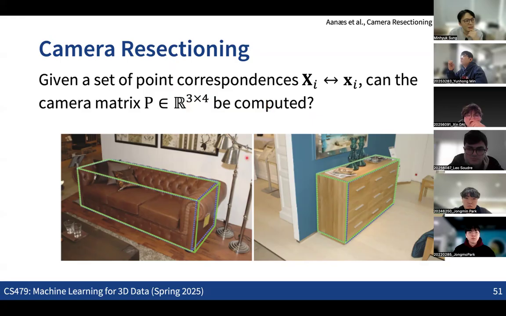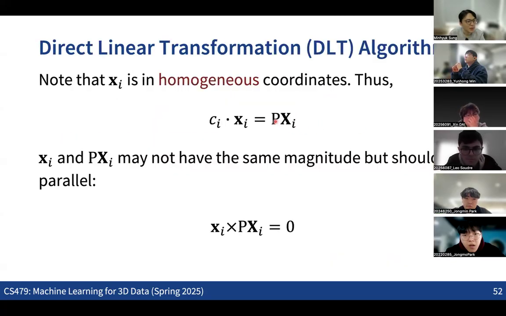This is not as simple a task as you might expect. The thing is that we have non-homogeneous coordinates for the 3D points, but also use homogeneous coordinates for the 2D coordinates, right? Which means that when you find a camera matrix P here, P multiplied by the 3D coordinates may not be the same as the 2D coordinates, but rather a scaled version of the same vector, because this vector is in homogeneous coordinates.